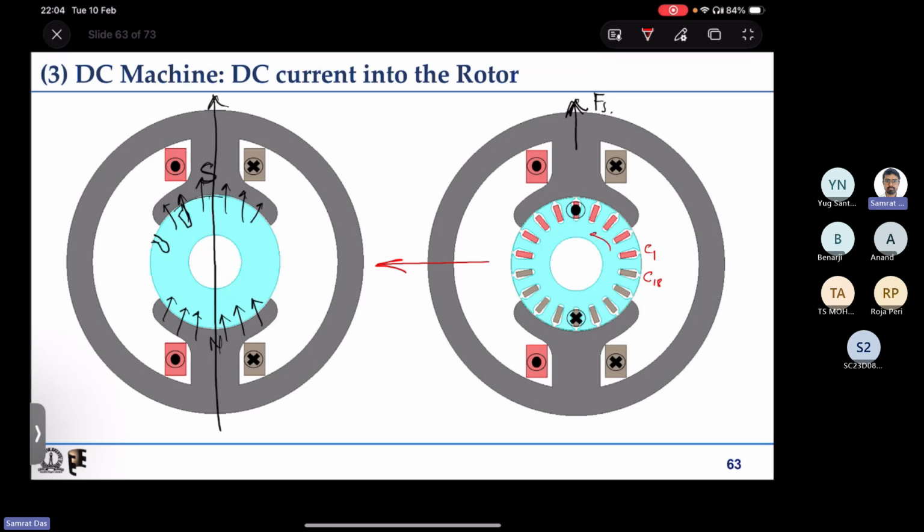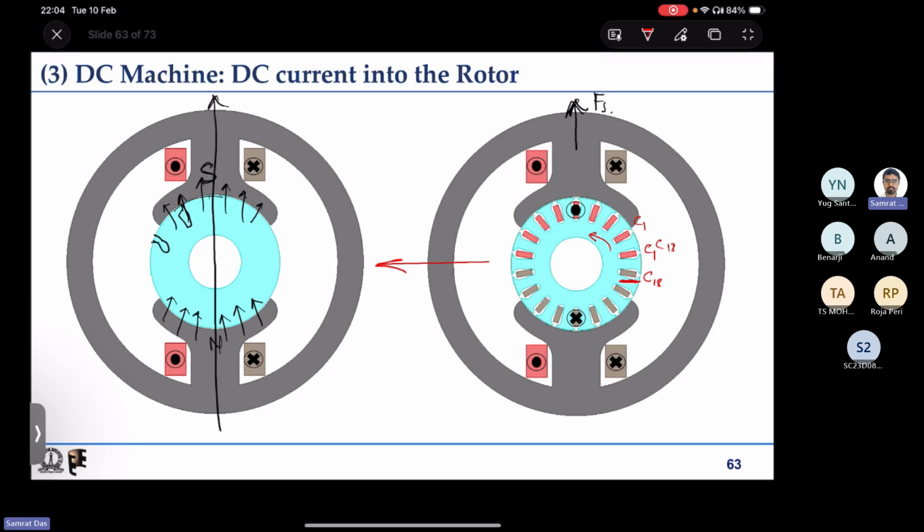Suppose it rotates in the anticlockwise direction. This conductor 1 comes here and conductor 18 comes here. Now conductor 1, whatever current direction it was conducting, remains the same. It is positive only, it is dot only. But conductor 18, earlier it was conducting current in the cross direction. Now it has to conduct current in the dot direction.